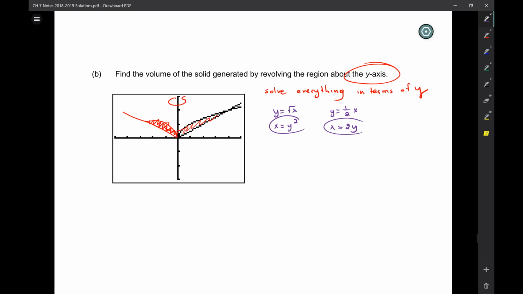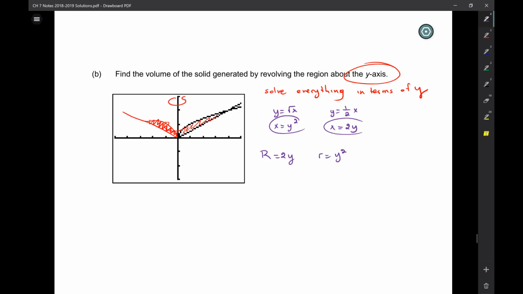Okay. If I'm revolving around the y-axis, then for my radii, I have to go axis to graph. Axis to graph. So what's the big R? From axis to the graph that's farthest, 2y. You see how it's consistent? And then little r is from axis to the graph that's closest, y squared. Questions? Yes. So it's from the y-axis still to the function to the right.